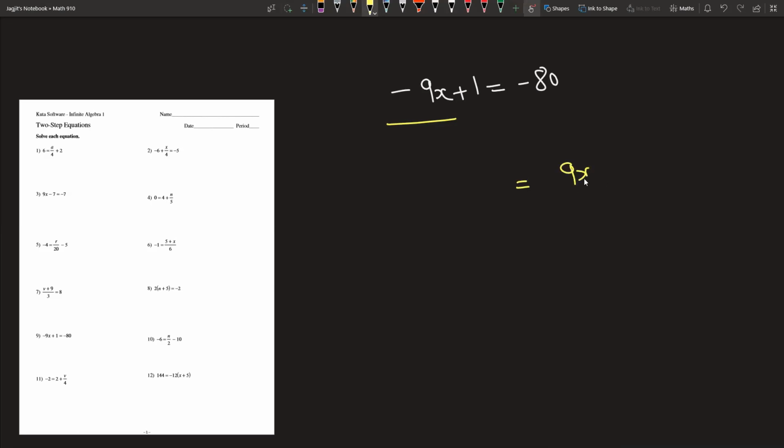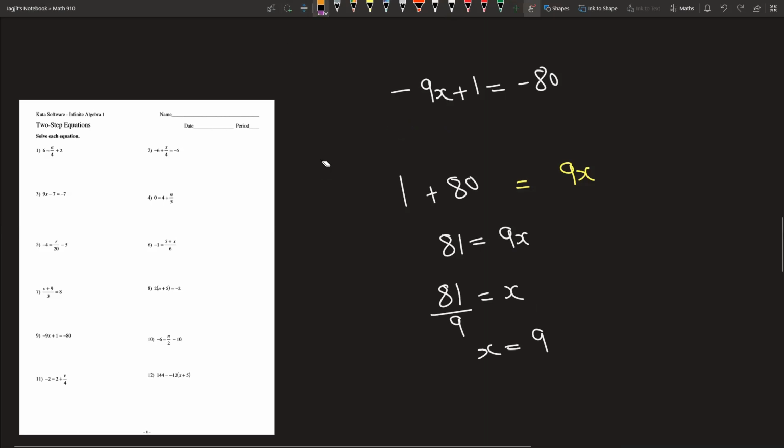So this -9x, when it goes to the other side, becomes 9x. Agreed? Now we had 1 on this side. 1 was already on this side. And we'll move this -80 to the other side. It will become +80. So this becomes 81 is equal to 9x. And then you cross multiply the 9. So your x is 81 over 9, which means your x is just equal to 9.